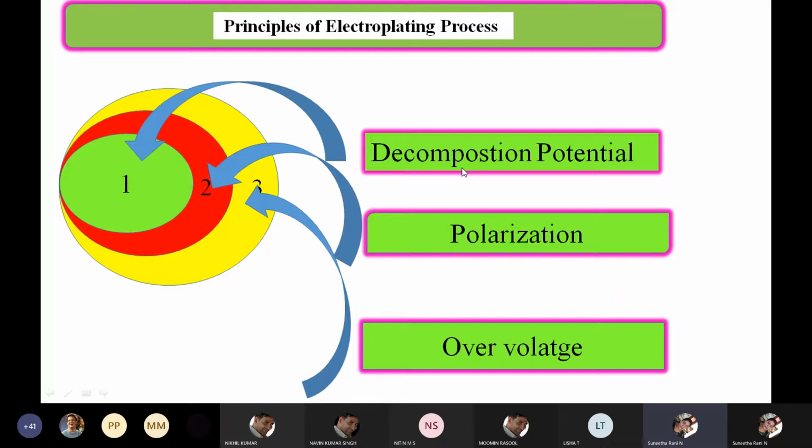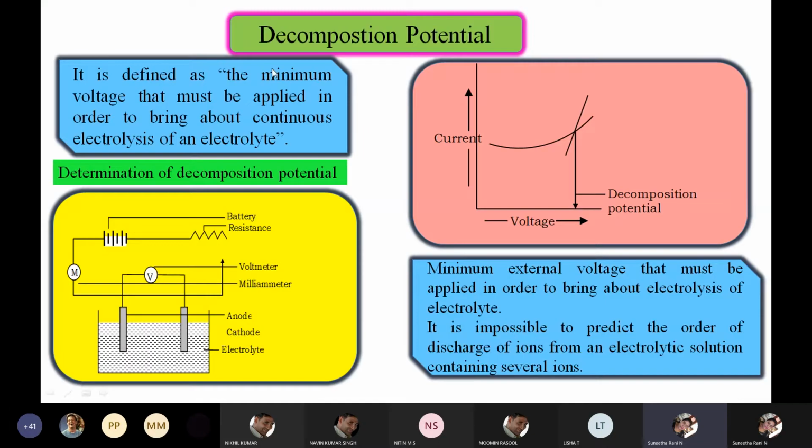Yesterday we discussed decomposition potential. It is the minimum voltage that must be supplied to bring about continuous electrolysis. You can see the curve here. Depending on how much voltage we supply, minimum or extra, we get a deviation in the potential.